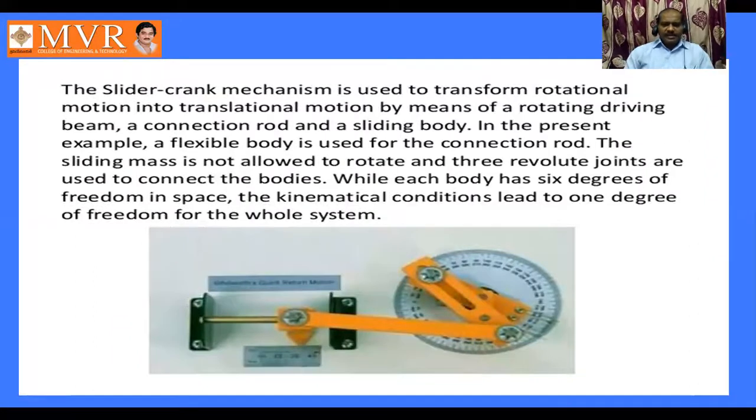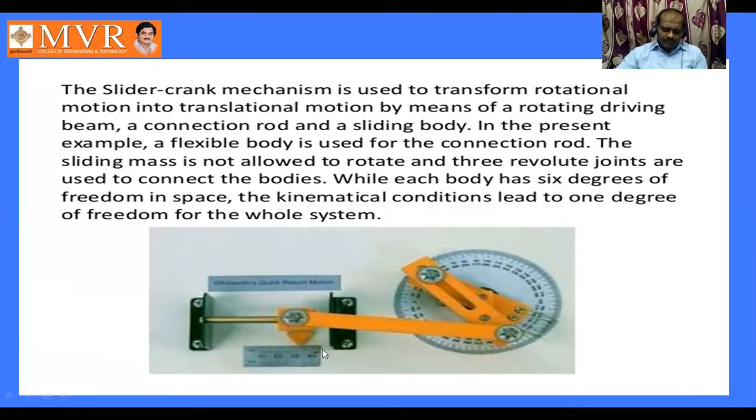So this is another example of slider crank mechanism. You can easily understand here. Here the angles are represented straight away to find the angle between the connecting rod of two members. One member is there, two members are there, and this is going to be the sliding mechanism.